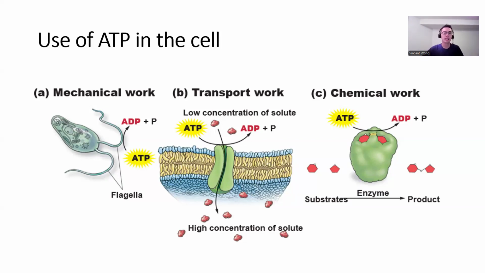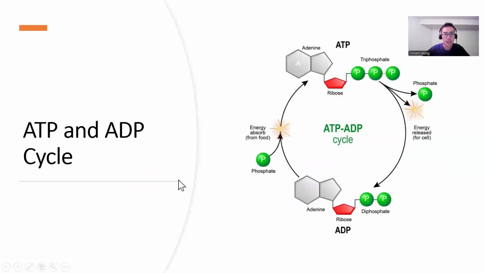Last class on Monday, we were talking about the ATP and the ADP. Just to quickly recap, ATP is the usable form of energy in a cell, and it contains 3 phosphates.